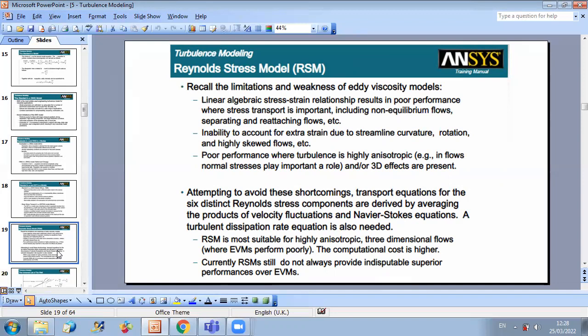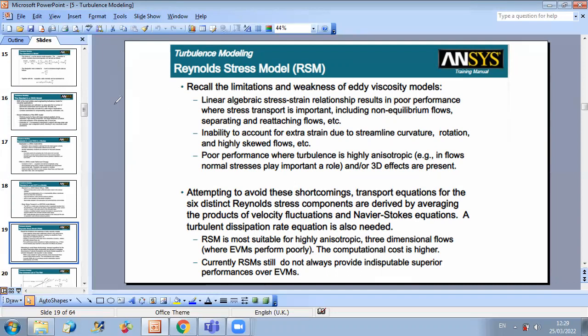So first, whenever we use eddy viscosity models, we have a linear algebraic stress-strain relationship, resulting in poor performance where stress transport is important, including non-equilibrium flows, separation, and reattaching flows. If you go back, if you want, to the main idea of eddy viscosity models.